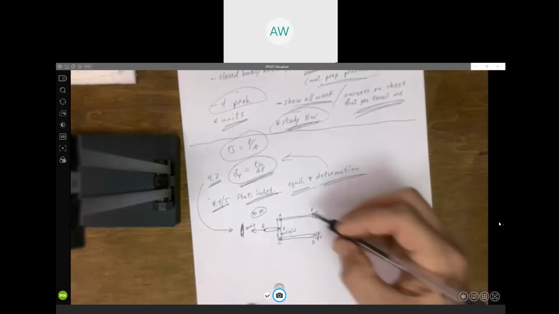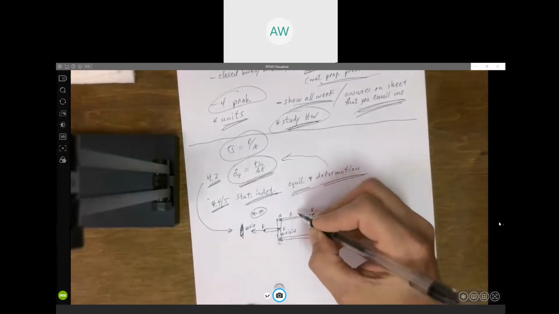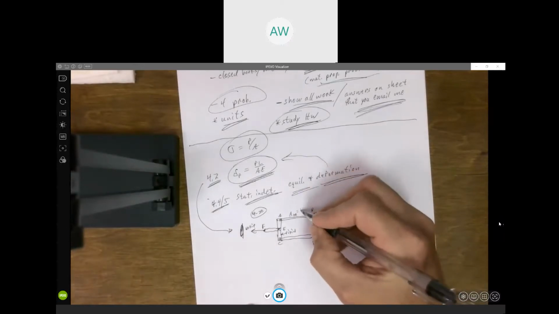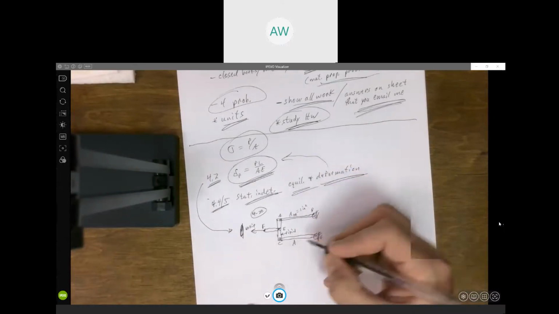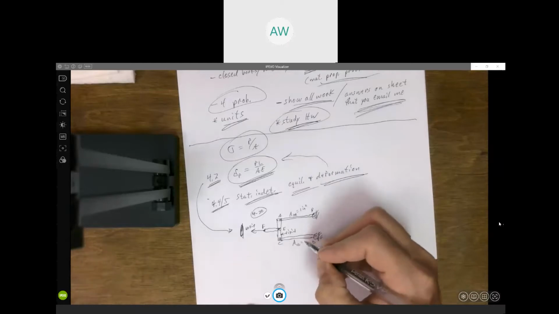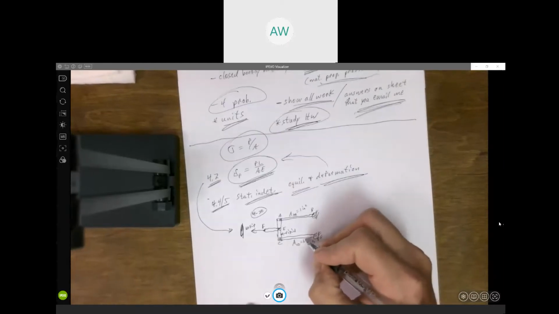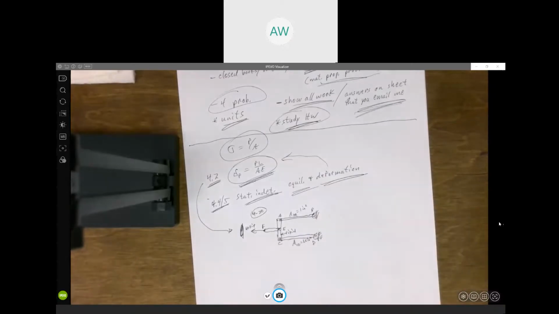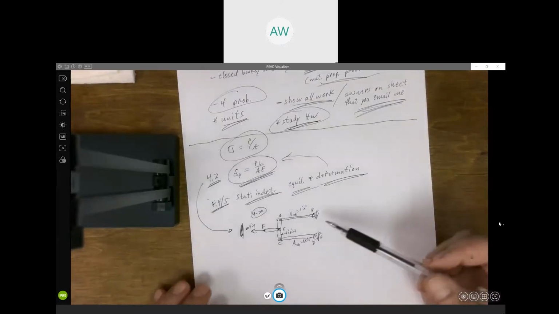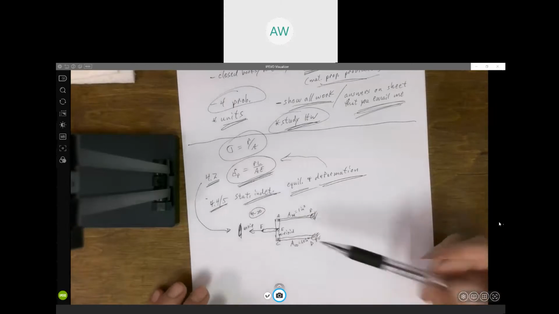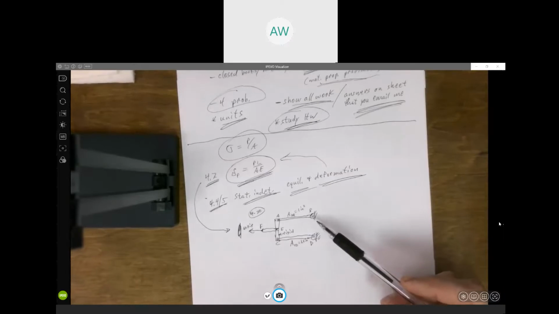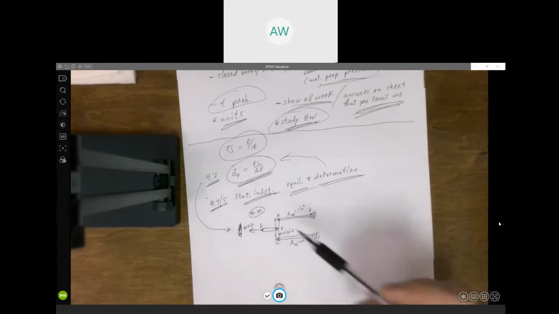So the area for AB is 1 square inch. The area for CD is 1.5. So they're not going to stretch the same amount. They're the same length, the same material, but the cross sections are different. So CD is bigger than AB, so it is not going to stretch as much as AB.